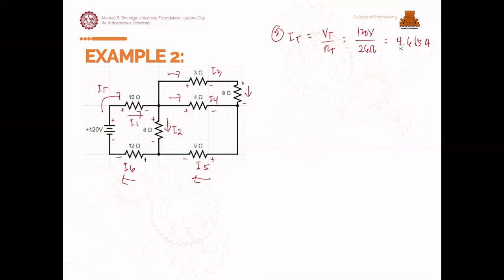Again, pumapasok ang current sa positive side ng resistor. Okay. Next is, identify natin ngayon yung sabay na natin yung sa value ng voltage, no? Sa mga voltages natin. So, lagyan natin ng A, B, C, D, E, F, G, and H. Okay.